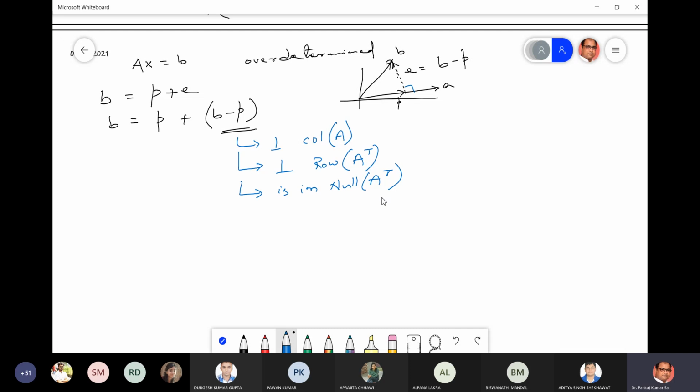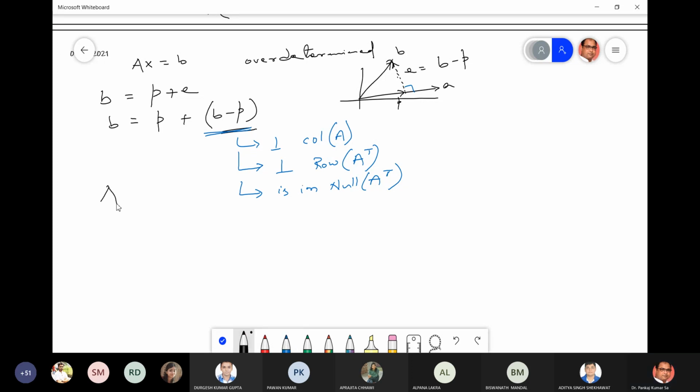Now, if it is in the null space of A transpose, the best thing I can do is perform a dot product with A transpose, then this term would vanish.